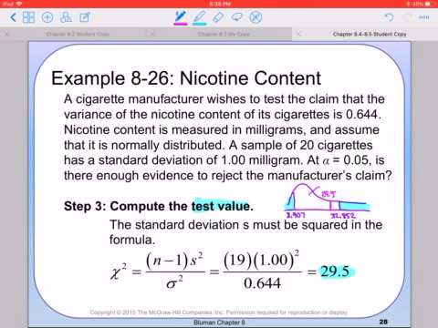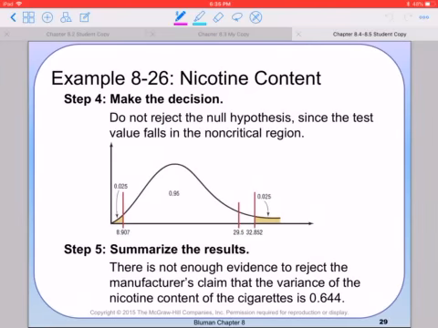And this is in the non-critical region. Okay, so whenever it's in the non-critical region, we're going to accept the null hypothesis. In other words, do not reject the null hypothesis since the test value falls into the non-critical region.